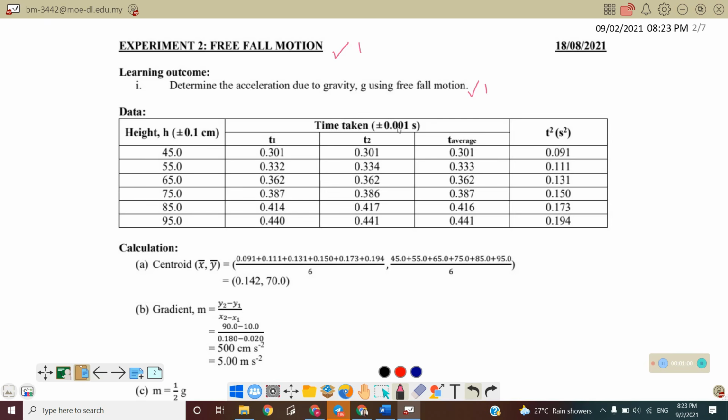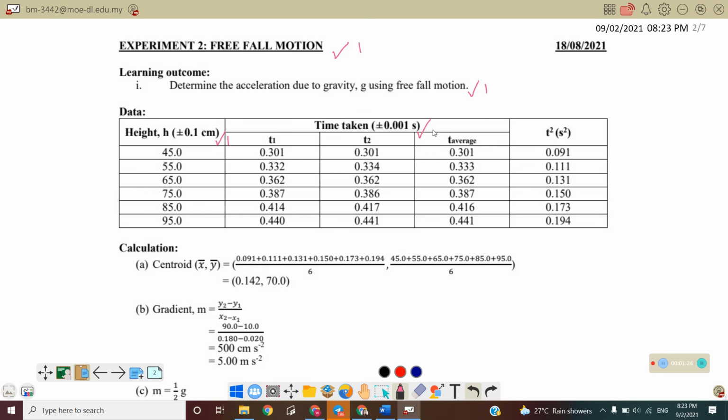For time taken, we must write plus minus 0.001 second. If you write with the correct unit and the correct uncertainty, you will get 1 mark. For this part you will get 1 mark for the uncertainty and also the unit.